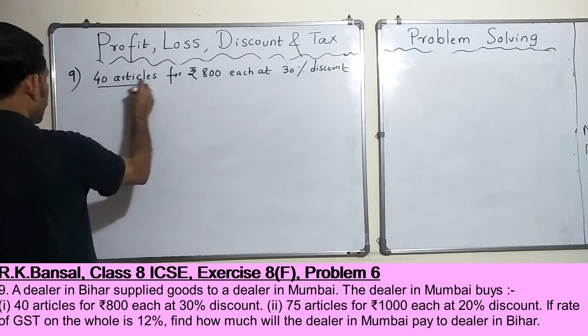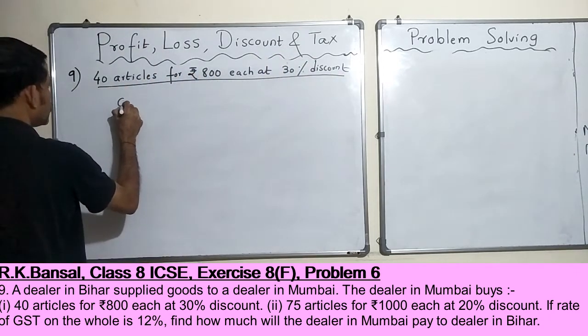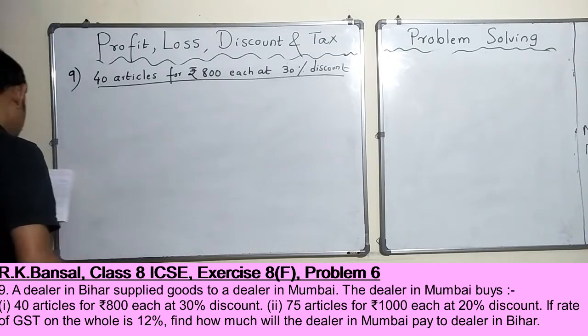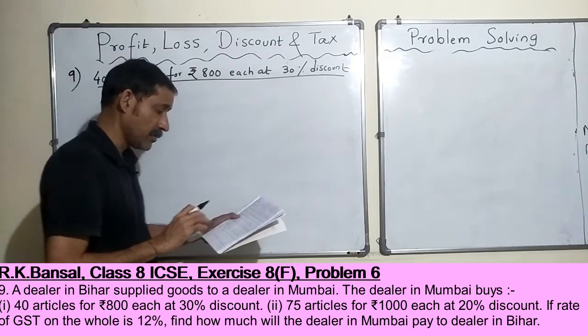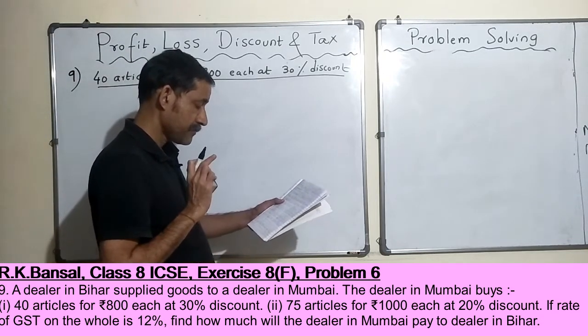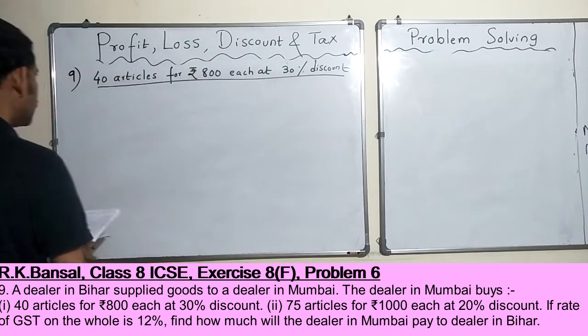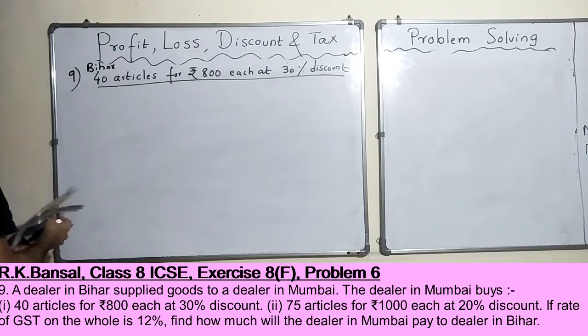Now, is it selling price or cost price? It is the selling price for the dealer in Bihar, and it is the cost price for the dealer in Mumbai. So we'll say it with respect to the Bihar guy, from his point of view.